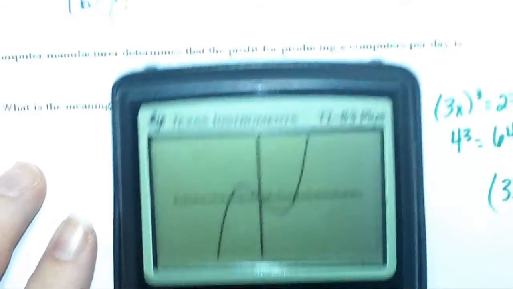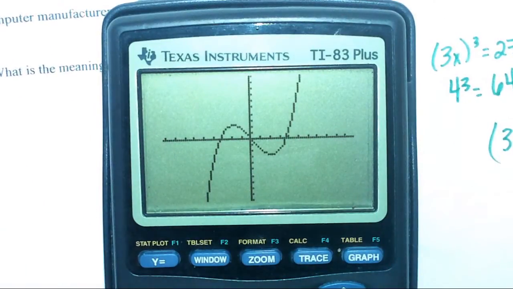So if it's above the x-axis, that means he's making money. If it's below the x-axis, he's not making money. So what does it mean when it's crossing the x-axis? What is the meaning of the zeros? So again, if it's above it, he's making money. Below it, he's losing money. What does it mean when it's exactly on the x-axis?